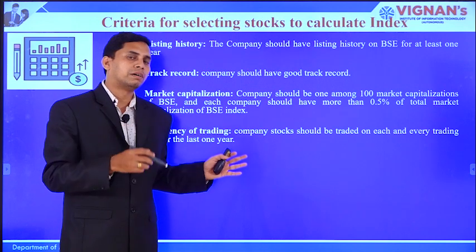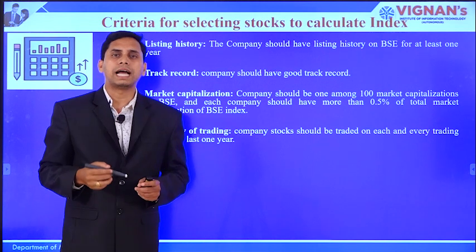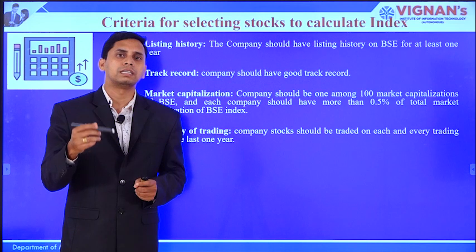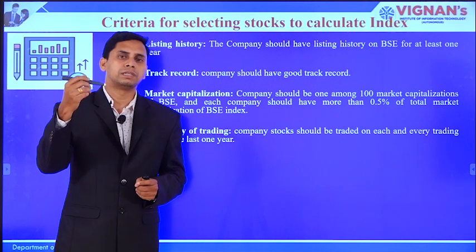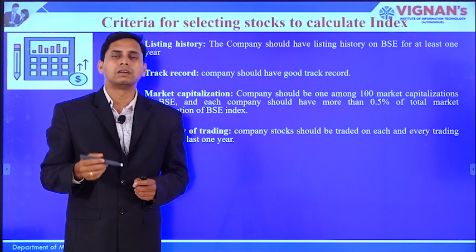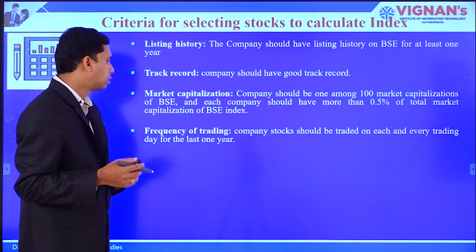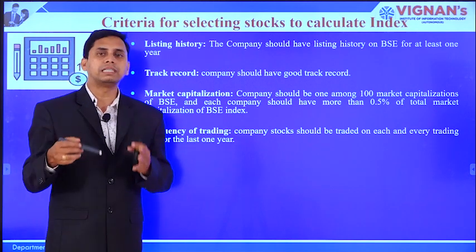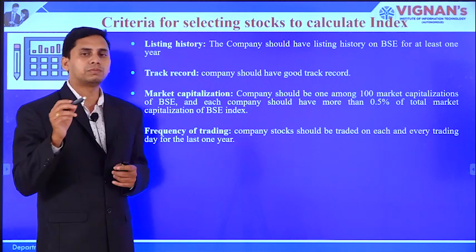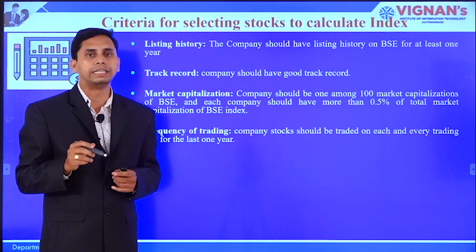If you consider ICICI Bank, or Reliance, or any other basic stocks in India like Axis Bank or Divi's Laboratories, these are the different stocks you can name where trading happens frequently. Trading volumes are very high. So that is another parameter for being included in the calculation of index.